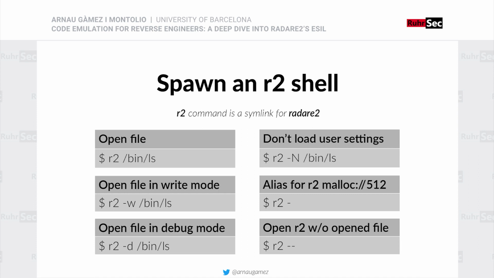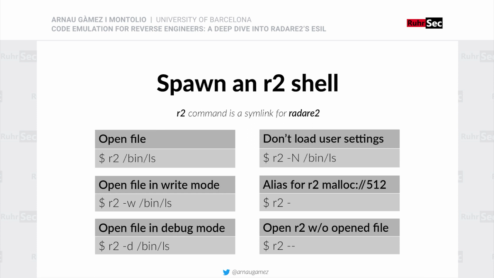Afterwards, in one of the demos, we will see that we can actually pseudo-modify a binary that we have opened without the write flag, and it won't be stored on disk, by enabling what is called IO cache. We will see a little bit of it afterwards in one of the demos.